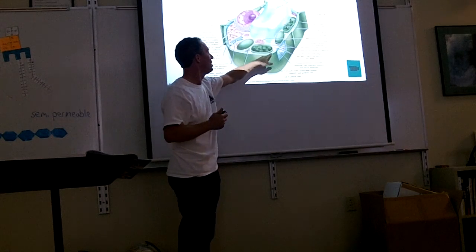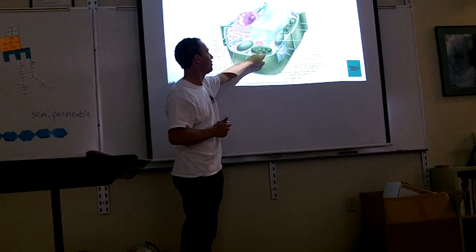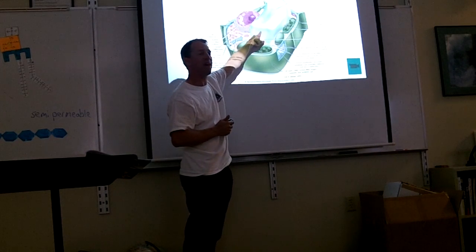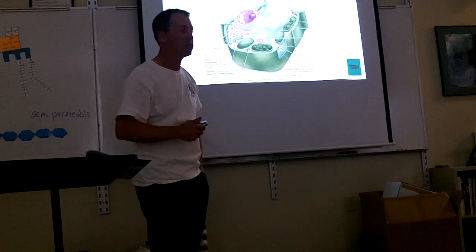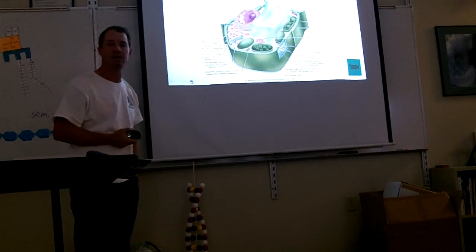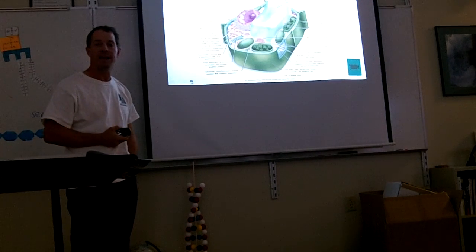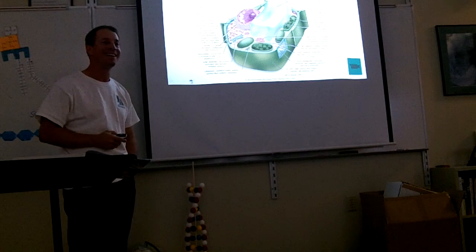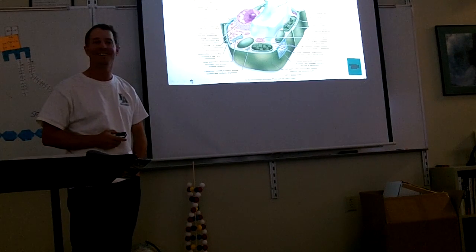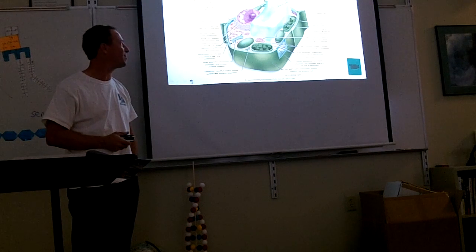So they have a cellulose cell wall, they have chloroplasts for making food, and they have this big vacuole in the middle. Jordan, you getting all this? I know the camera's getting it, but are you getting it? Anyone else have any questions about the cell?